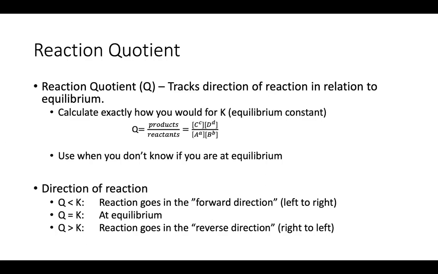Just some reactants will become products, some products will turn back to reactants. And then lastly, if Q is greater than K, that basically means you have too many products and not enough reactants. That's why your Q is too high. And so your reverse reaction or reverse direction will be favored, meaning right to left.